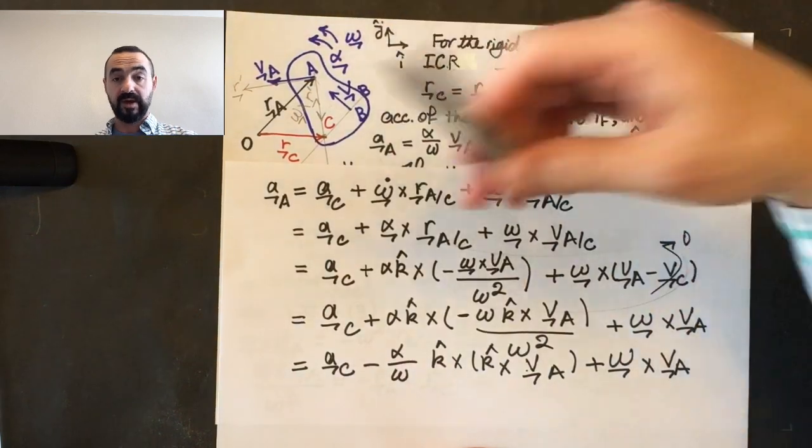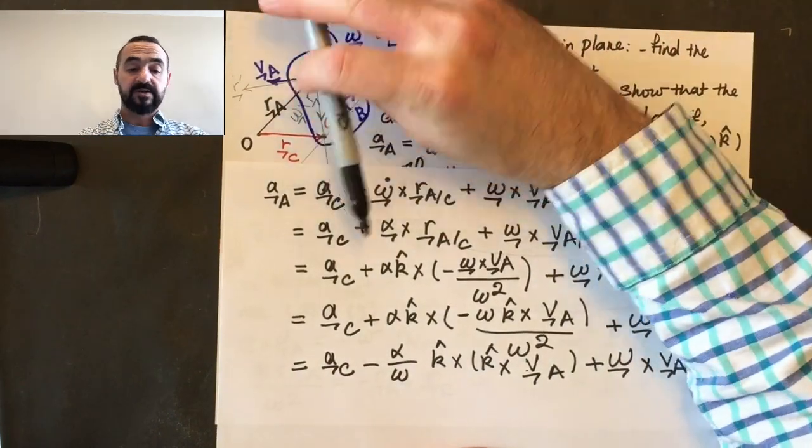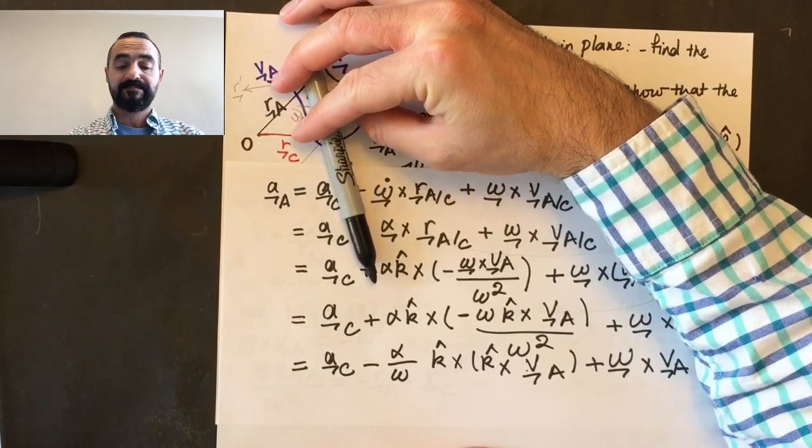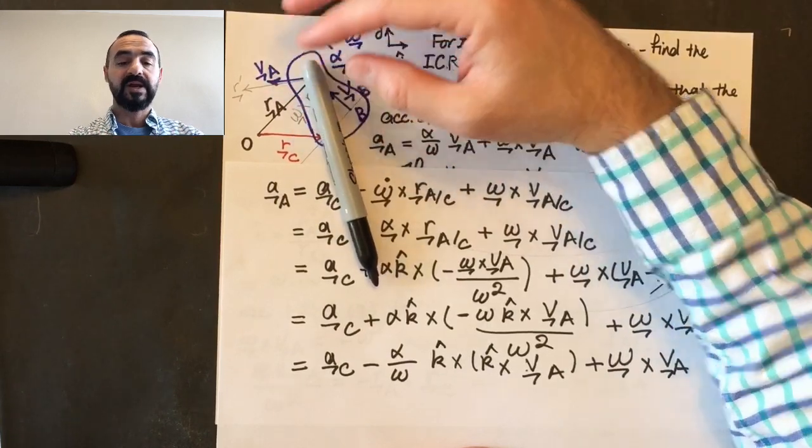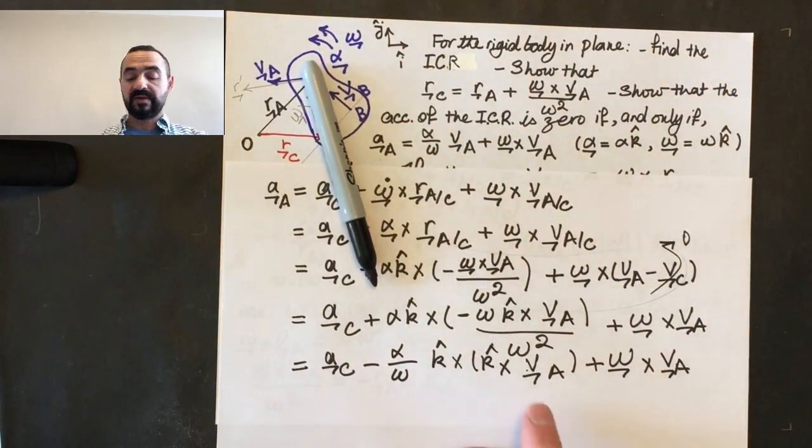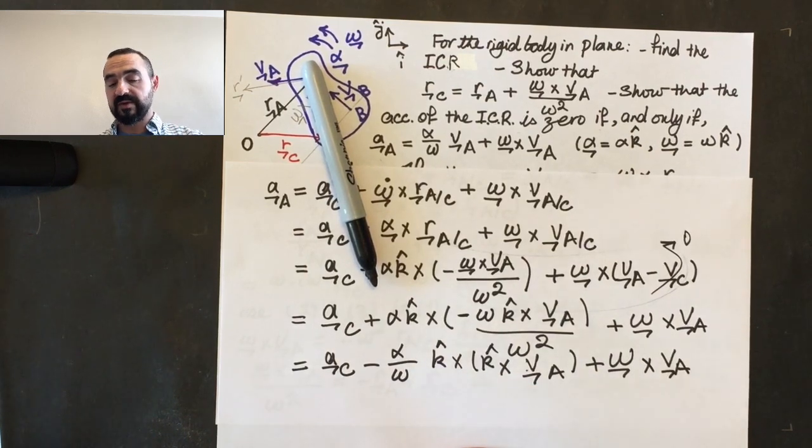Agreed? Now think about it. It is a vector pointing in this direction. And then again, use k hat cross this result.